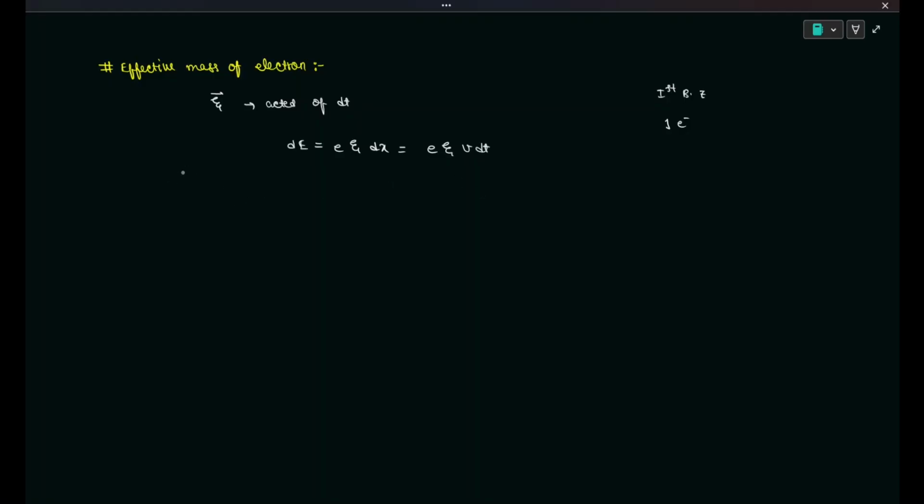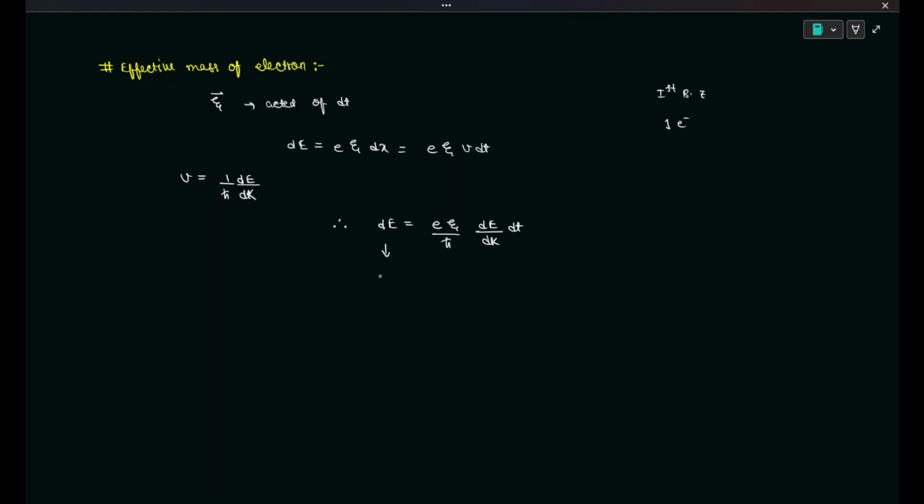Now as you remember, the velocity of electron is equal to 1 divided by ħ times the slope of the dispersion curve, that is dE by dk. So we will substitute the value of v here. So this means dE is now equal to eE divided by ħ, dE by dk and dt.